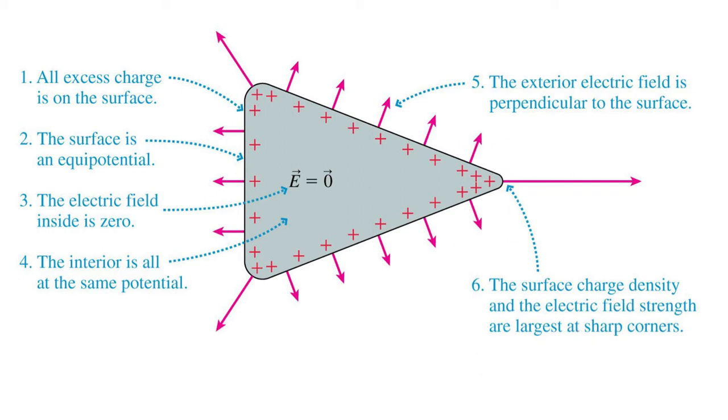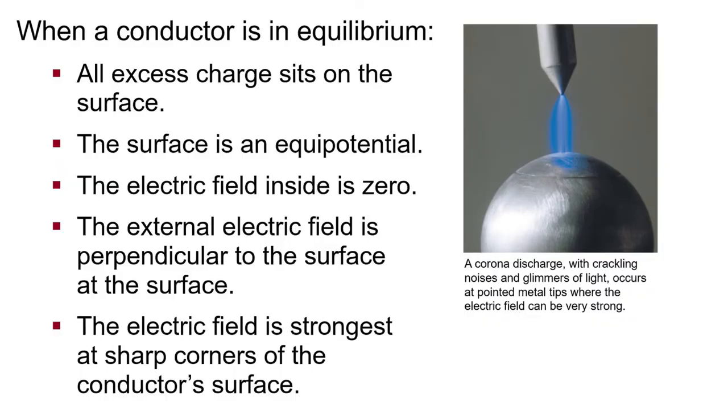That's where we get most charges living, and therefore we get the strongest field. Remember, the idea is that these will rearrange themselves so that the interior field is zero and the exiting field is perpendicular. Just summed up again, nothing new on this slide really. All excess charge on the surface, equipotential, electric field inside is zero, perpendicular field, strongest field at sharp corners.